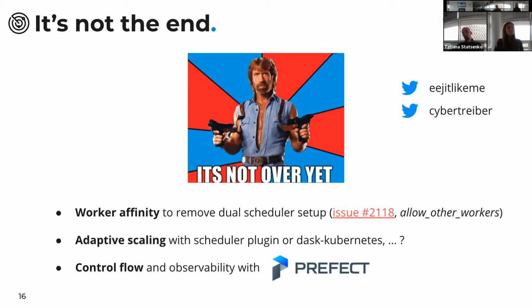You have determined the resources, say those are the subsets of workers having these resources that I already know statically, and then put them into the worker constraints and not the resource constraints. So worker affinity, like in Kubernetes, is something that would help us to then remove one scheduler, very likely.